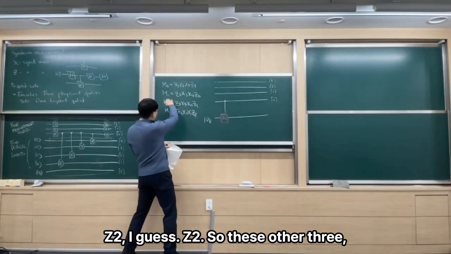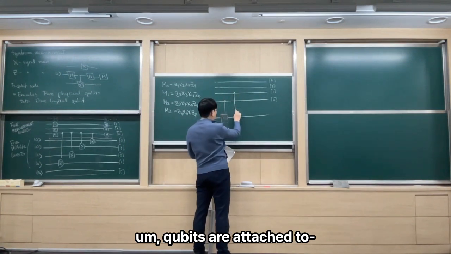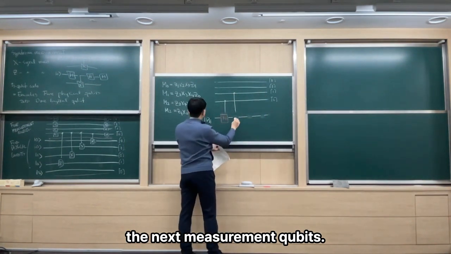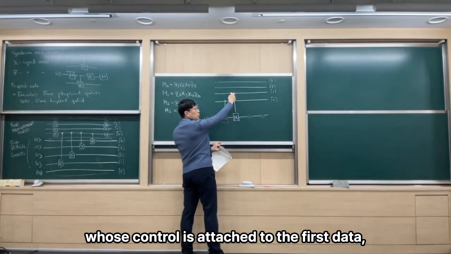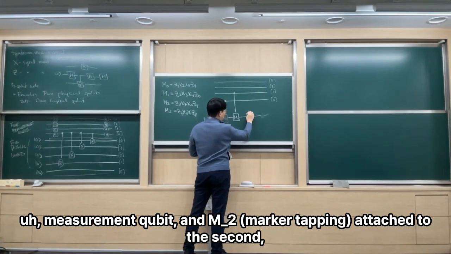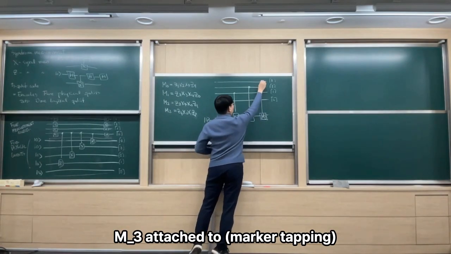So these other 3 circuits are attached to the next measurement qubits. So we have M1, whose control is attached to the first data qubit, and M2 attached to the second, M3 attached to the last one here.